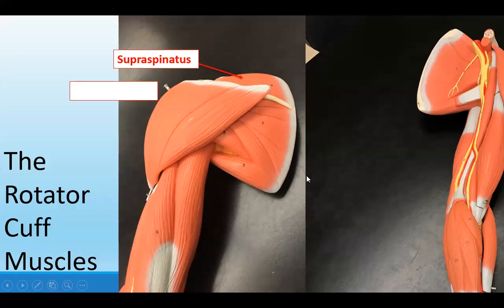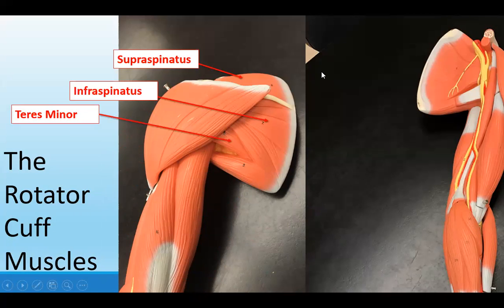It's located in the supraspinous fossa, a big flat area above the spine. There is the infraspinatus in the infraspinous fossa, right there. There is the teres minor, right underneath the infraspinatus.